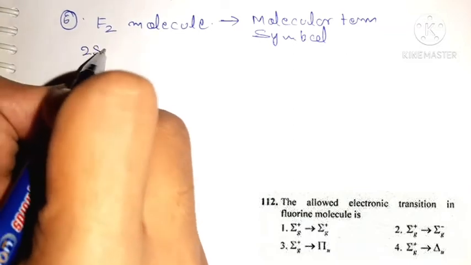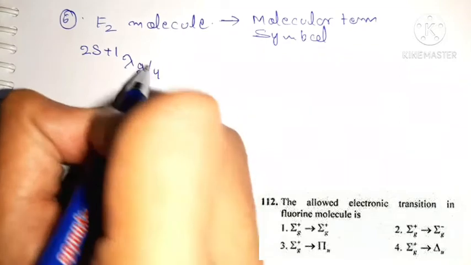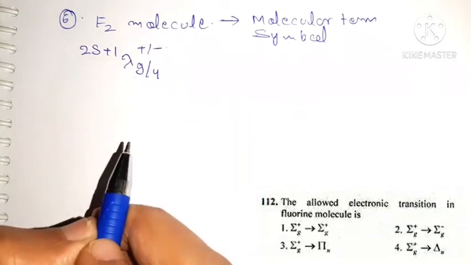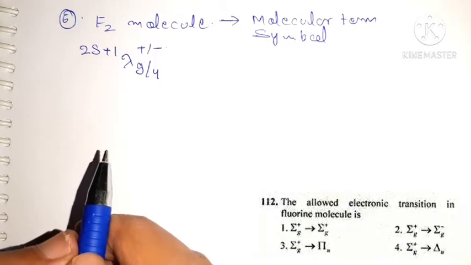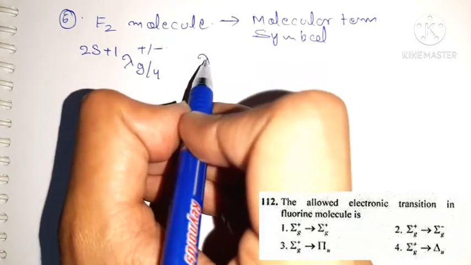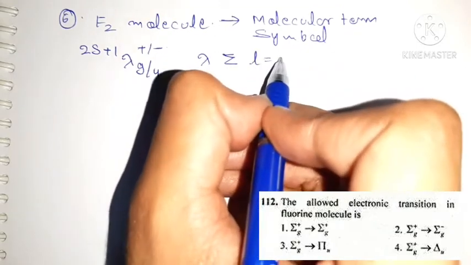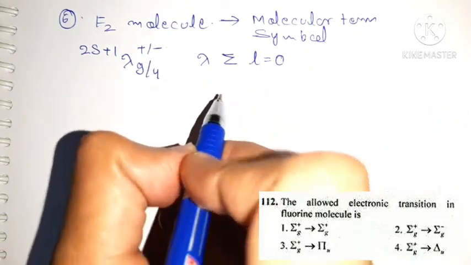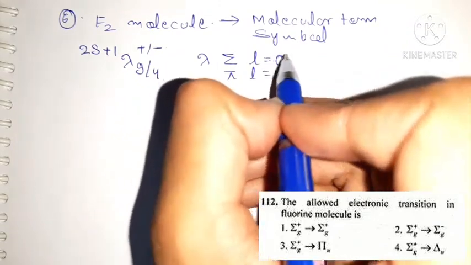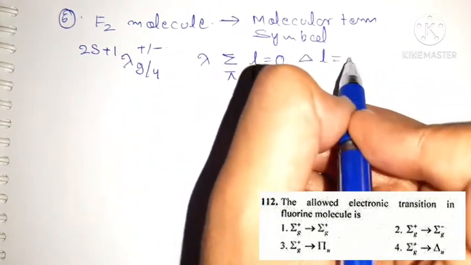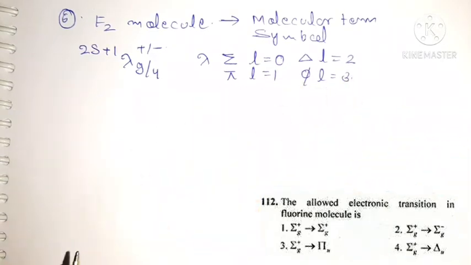It is 2S plus 1, lambda, g or u, and plus and minus. Now lambda is equal to sigma if L is equal to 0, lambda is equal to pi if L is equal to 1, lambda is equal to delta if L is equal to 2, and lambda is equal to phi if L is equal to 3.